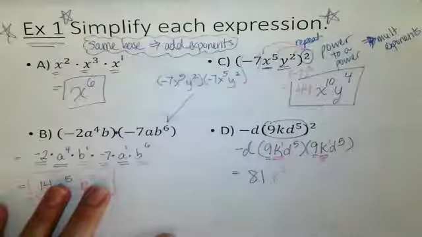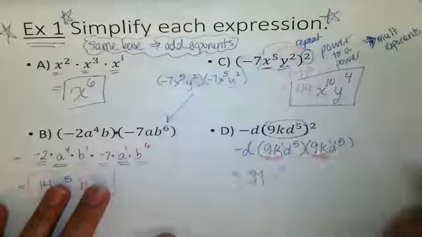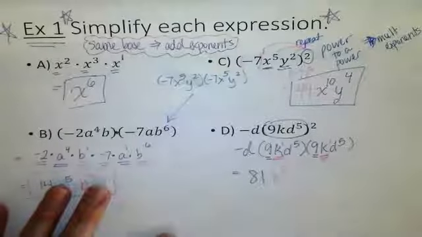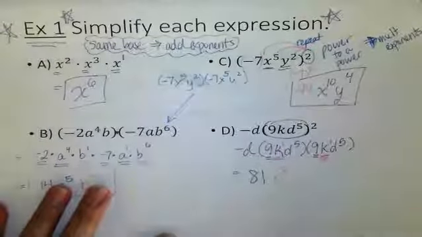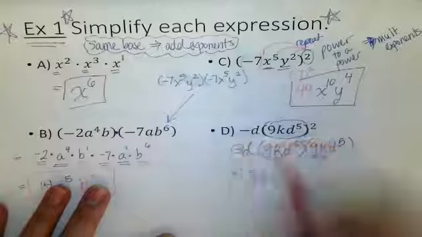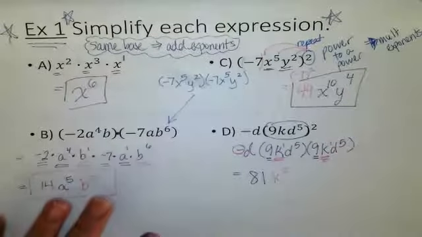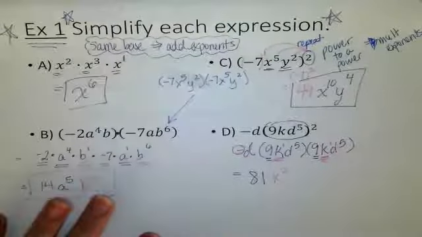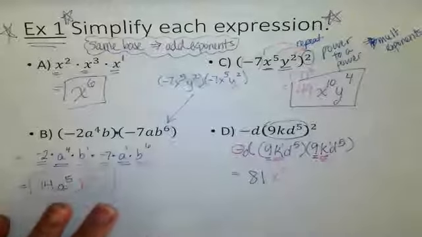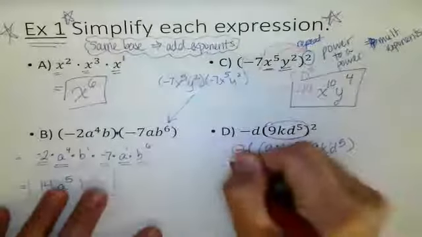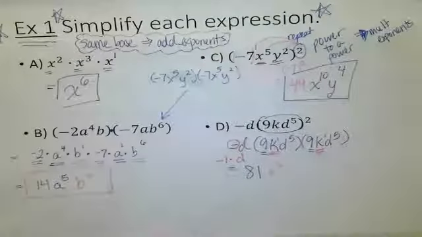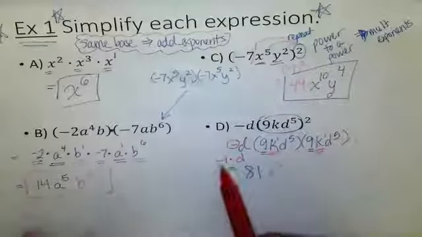And let's see, ooh, this is interesting. This is kind of weird. What does this negative do? Is it attached to the d? It's a negative 1. Yeah, it's really negative 1 times d. So I can relocate it, right? Okay, so what am I going to do with this negative 1?